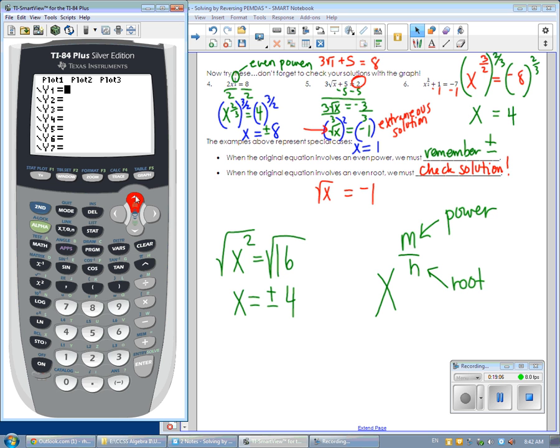Okay, so I have x to the 3 halves plus 1, and then in my second equation, I have negative 7. Again, this is still the Zoom 6 window. And what do you notice? The two graphs don't intersect. So this is another example of an extraneous solution.